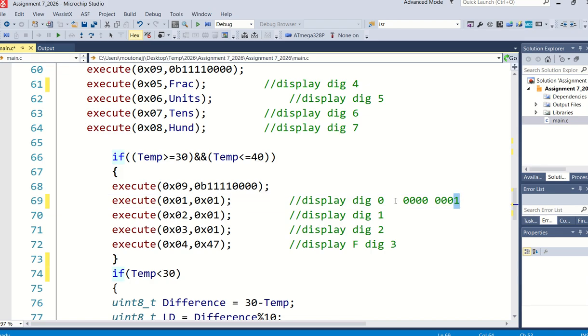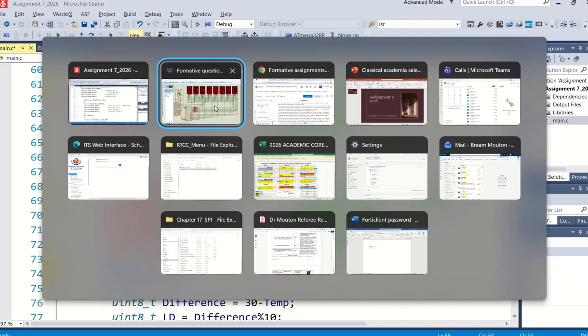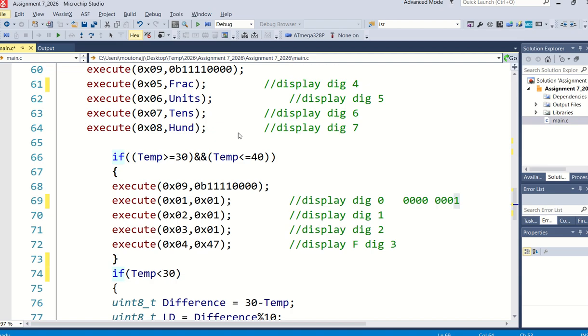This is why, if I look at this one and I bring the temperature lower than 30 degrees, or sorry, 40 degrees Celsius, that's too far now. There you go. This is why G will be on here. Good, and this is also G on, G on, G on. So having those 4, that means they are not decoded.